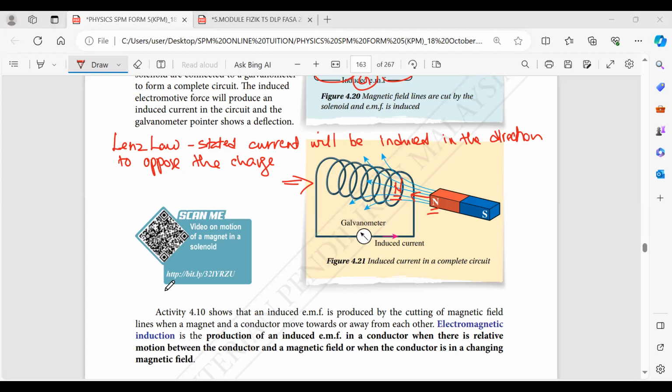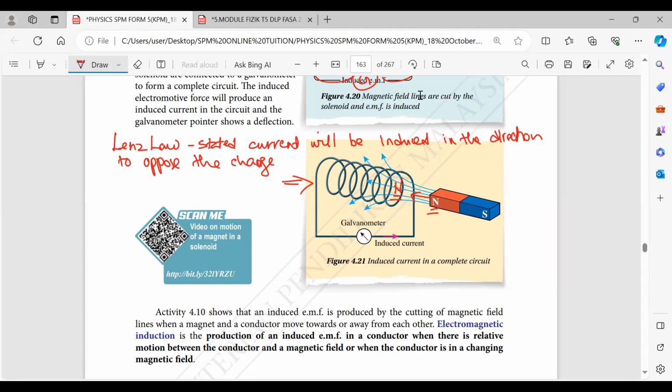Okay, so yeah, I repeat it. According to Lenz's law, current will be induced in the direction to oppose the change. Meaning, if a magnet is trying to enter into the solenoid, the solenoid will try to push the magnet out. It will try to oppose.